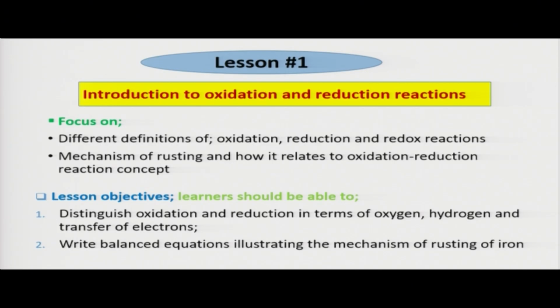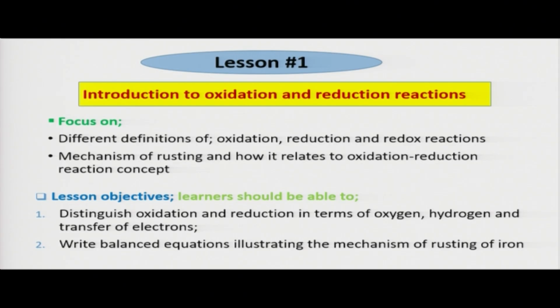We are to distinguish oxidation and reduction in terms of oxygen, hydrogen, and the transfer of electrons. When we talk of oxygen and hydrogen, that is the other chemistry you've been looking at in your ordinary chemistry, in Senior 1, Senior 2, and Senior 3, and even partly some of the introductory parts of this Senior 4 chemistry.